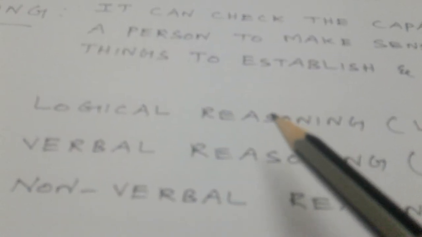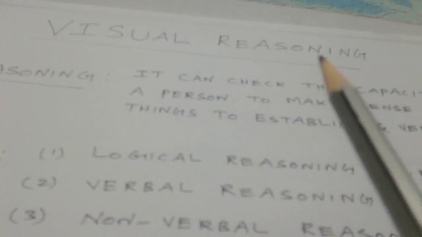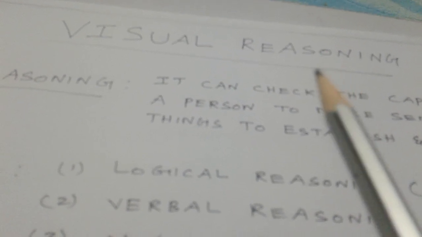The logical reasoning part includes number series, analogies, coding and decoding, etc. Similarly, the verbal reasoning part includes dice, arithmetic reasoning, blood relation, etc. And non-verbal reasoning includes figures, embedded images, series, etc. So these concepts are involved in the visual reasoning part.